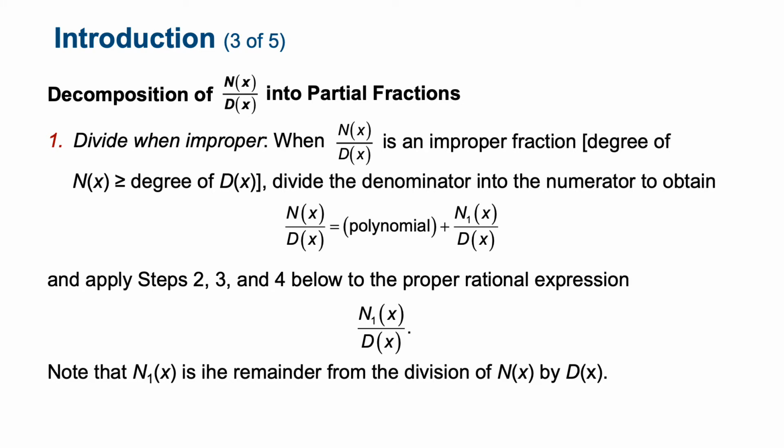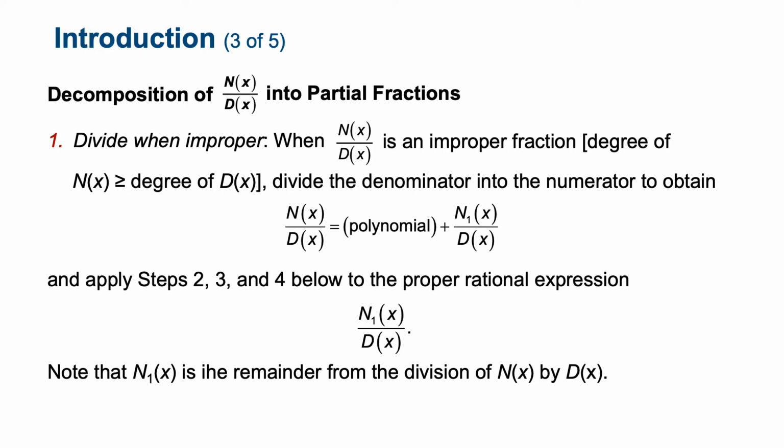And then let's suppose we have an expression, and the book calls it N of x over D of x, basically because it's like numerator and denominator, right? When the numerator is a higher degree than the denominator, we divide, we use long division, to find the polynomial, and then you have a remainder.